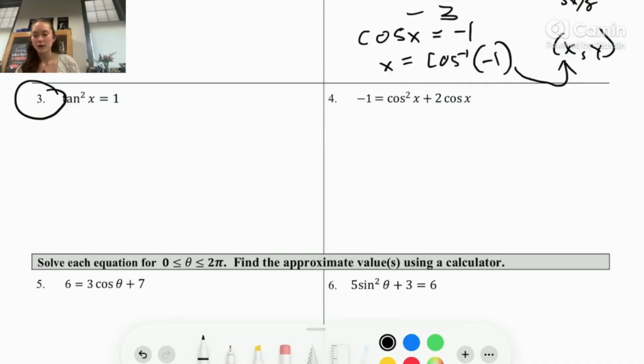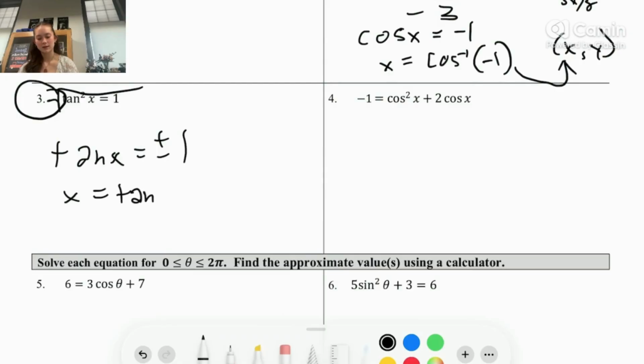We're going to start off with square rooting both sides so that we can get rid of the power of 2. That gets you tan x equals ±1. Then when you do inverse, x equals tan inverse of plus or minus 1. And again, you can think of the values on the unit circle.